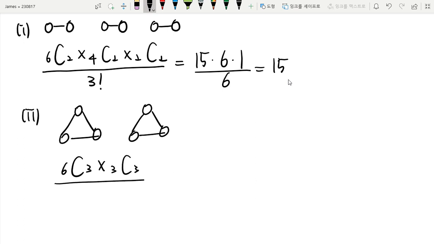And once again, because each group contains the same number of people, we need to divide this by the number of groups factorial. So we need to divide this by 2 factorial. 6C3 is 20, and divided by 2 is 10.